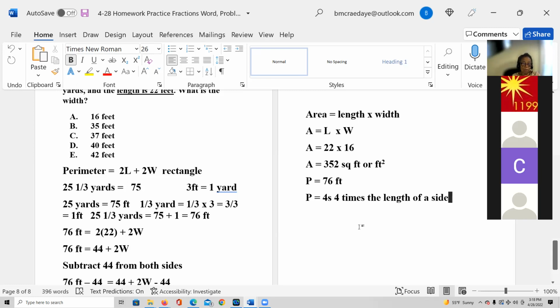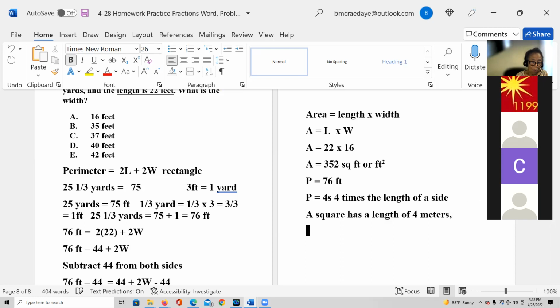Okay, so I give you a square. I want you to work this one out. A square has a length of 4 meters.